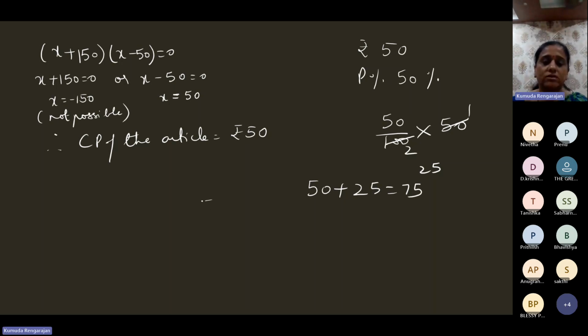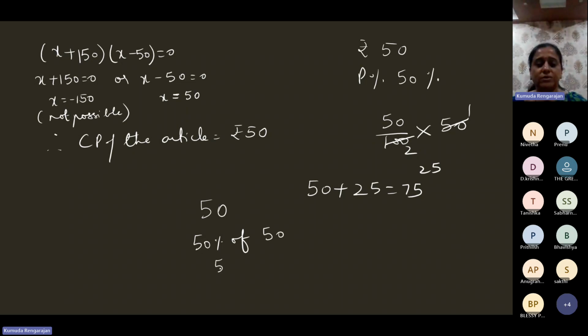The cost price of the article is 50. 50% is the gain percent. Gain percent is equal to CP percent. So 50% is the gain. So how will you find that in rupees? 50% of the CP of 50.